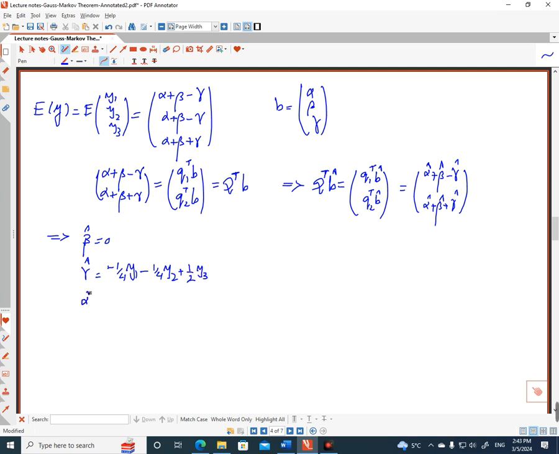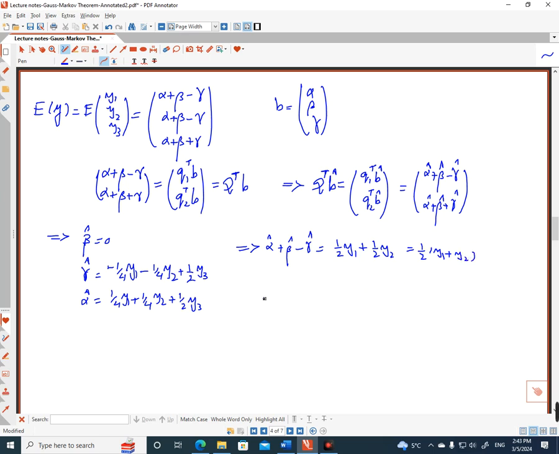And then alpha hat, one can get it as 1/4 y1, plus 1/4 y2, and then plus half y3. Then we can substitute the estimators, and we can conclude that alpha hat plus beta hat minus gamma hat is given by half y1 plus half y2, which we can write in short as y1 plus y2 over two.